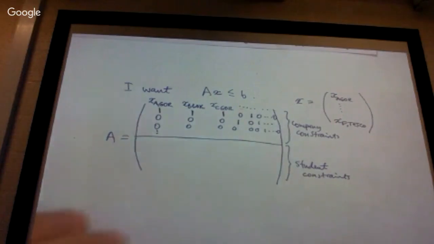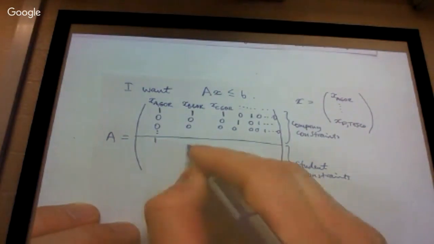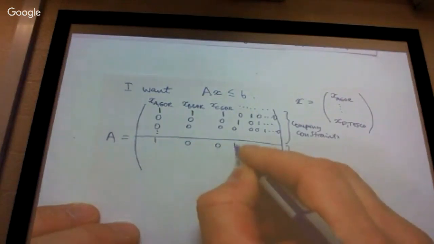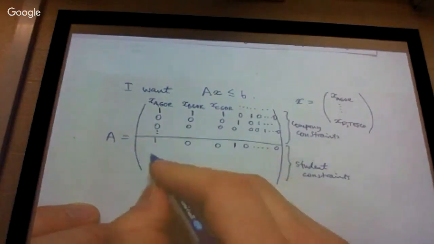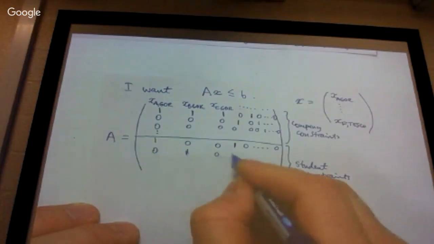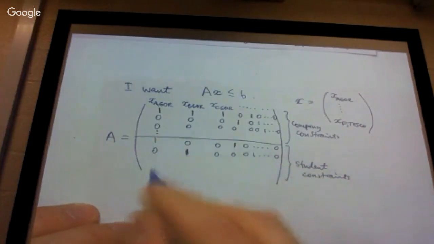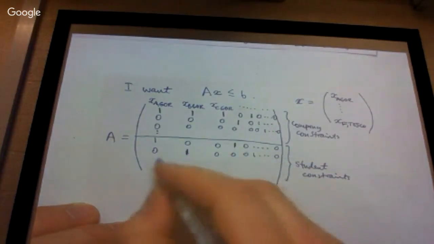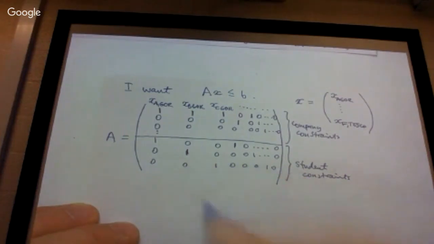And then for the students, you do the same. Wherever there's a student A appearing, you put a 1. Wherever there's a student B appearing, you put a 1. Wherever there's student C appearing, you put a 1, and so on.